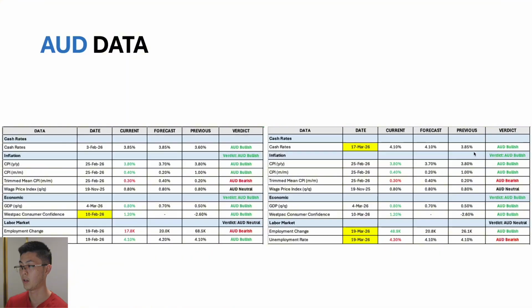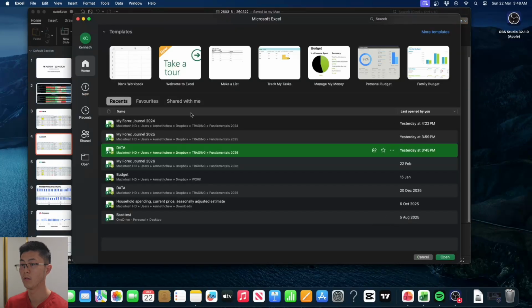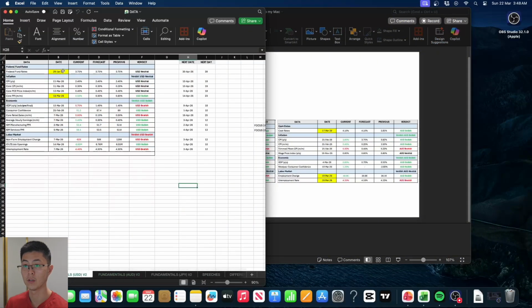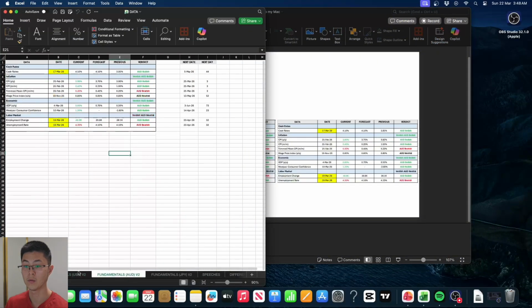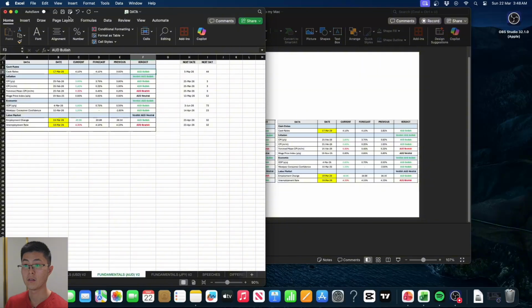For Aussie, we had rates as well, and that was neutral. My apologies, there's some editing I've got to do. I've got to really make sure I do this properly. This was, I believe, on the 16th of March. It was in March anyway, so I'll change that for myself.